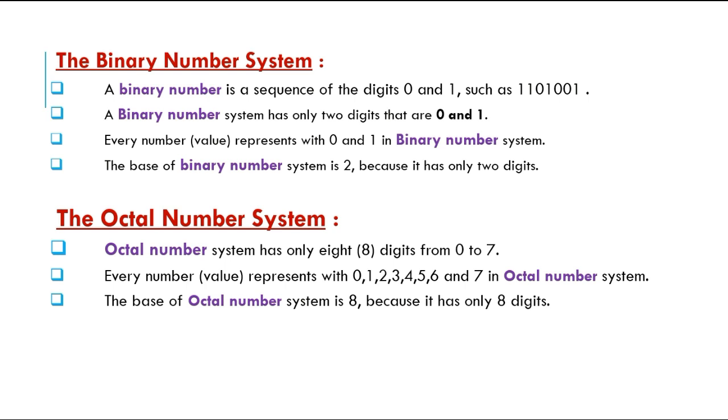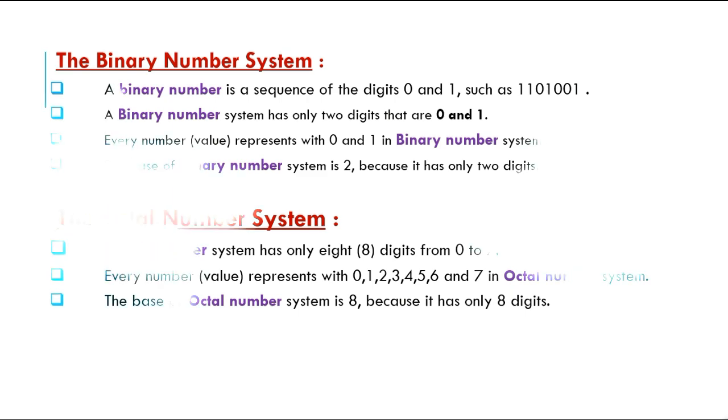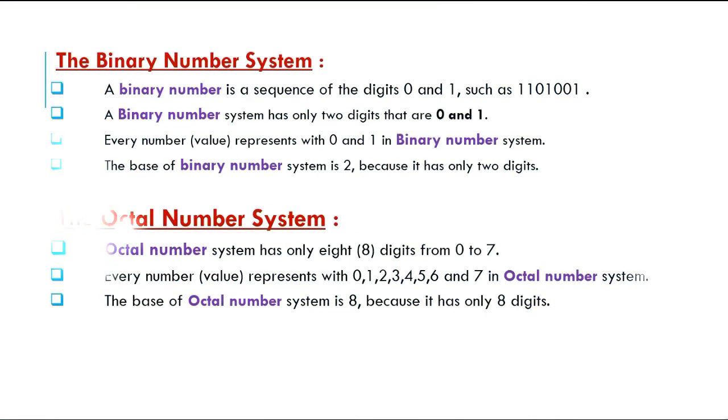In the binary number system, we have two states, 0 and 1, yes or no, on and off. It has base 2, ideal for internal working of electronic computers. In binary number system, every number value is represented with 0 and 1. A binary number is a sequence of the digits 0 and 1.